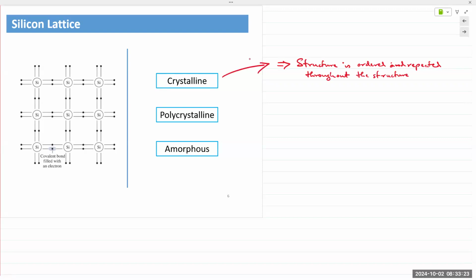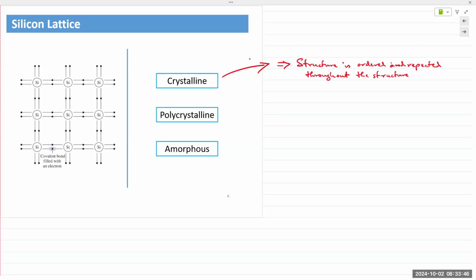This is very important for semiconductor materials because it allows us to manufacture devices reliably. We are able to predict the properties of the material because of its crystalline nature, meaning a silicon unit cell, the diamond lattice cell, is repeated throughout that material. There is no break in the structure.